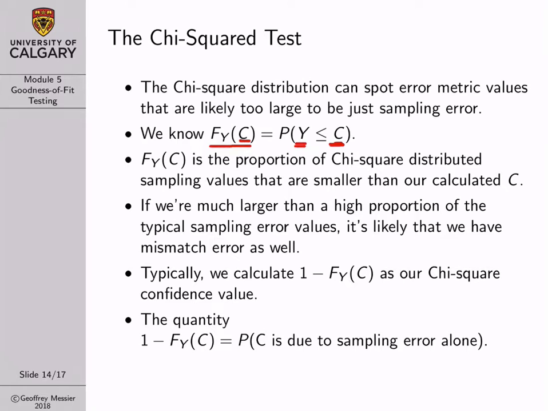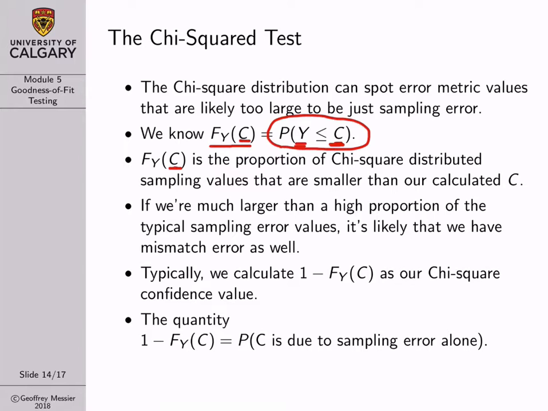So said another way, the CDF function, when we give it an argument of C, gives us the proportion of chi-squared distributed sampling values that are less than or equal to our calculated C. That's basically what this probability is. And so basically, if our value of C is way bigger than a very high proportion of typical sampling values, then it's likely that we have a mismatch error as well.